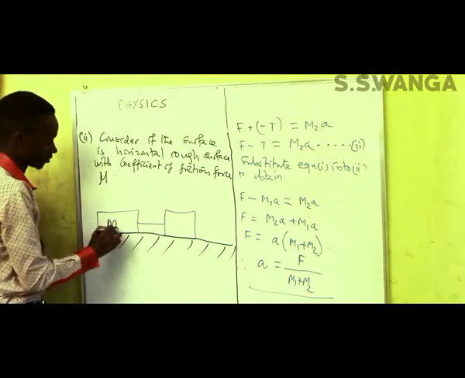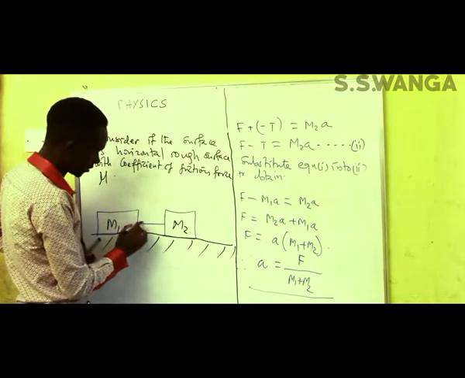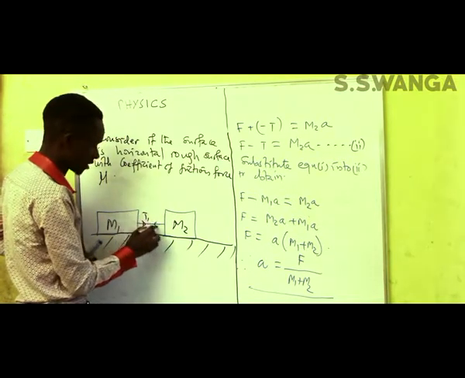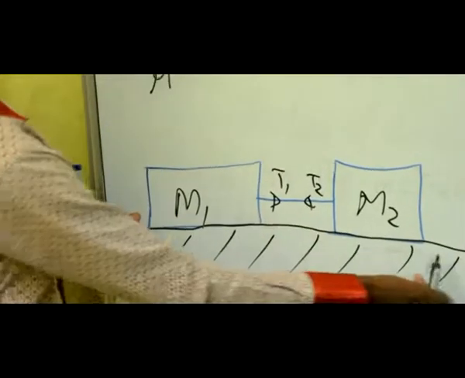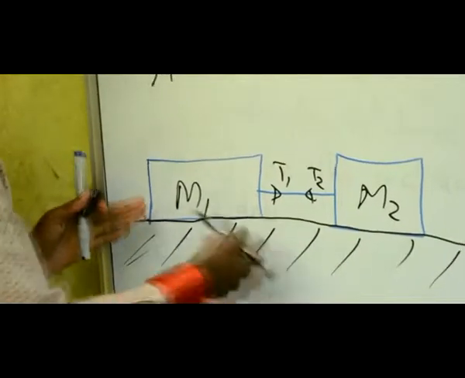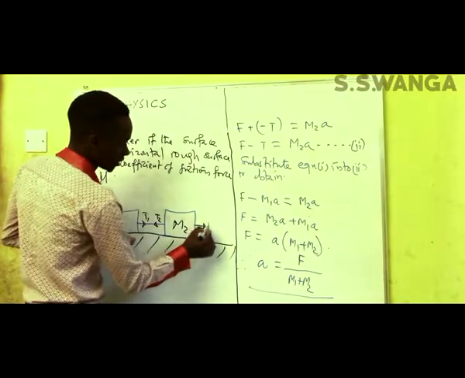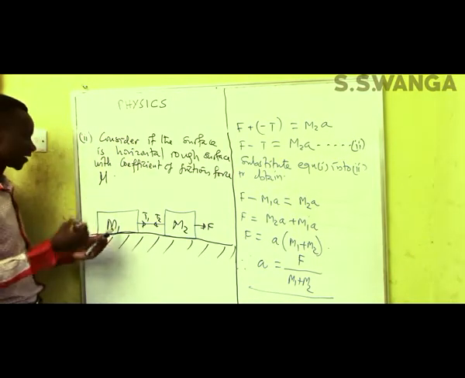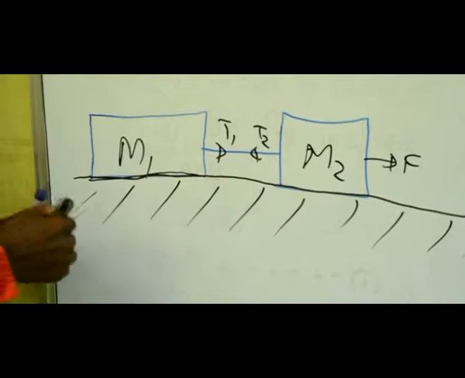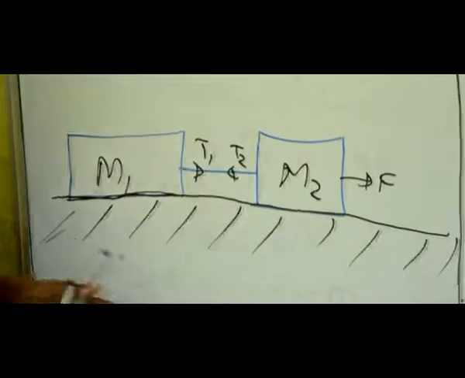Now, this is mass 1, mass 2, and this is tension 1, tension 2. Now, the surface is rough in such a way that there is a friction force between the surface of mass 1 and the plane.